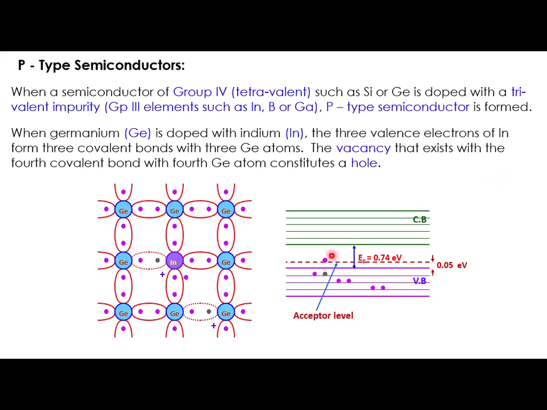In that event, we can say that the hole has been transferred from the acceptor energy level to the valence band, or the hole has sunk to the valence band.